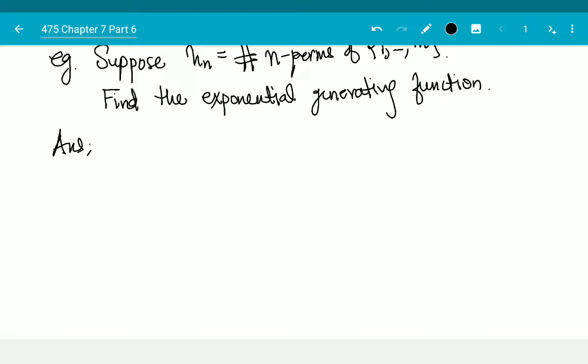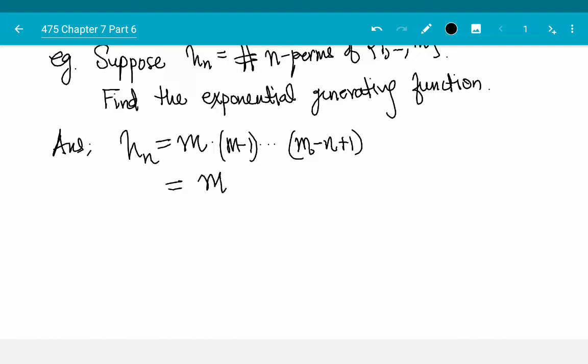Well, h_n is going to be the number of n-permutations of 1 to m. So for the first object, you have m choices. For the second object, you have m minus 1 choices, and so on. For the nth object, you have m minus n plus 1 choices, because this is a total of n things, which is exactly equal to m factorial over m minus n factorial.